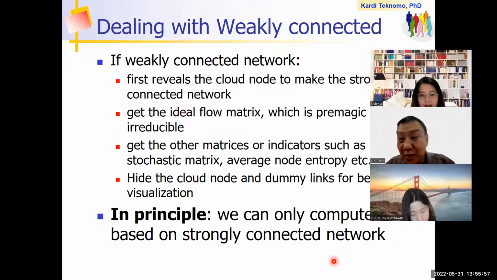Did you check if it is irreducible or not? Still weakly connected, so that's why it's an error. You must first check whether the network is irreducible or not. If not, you need to create a cloud node to connect.